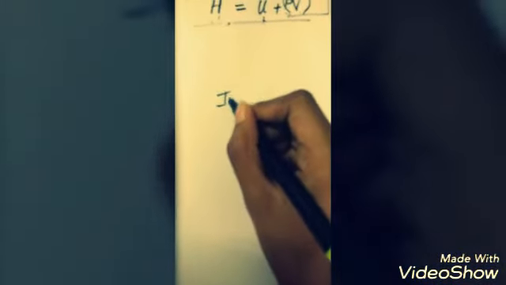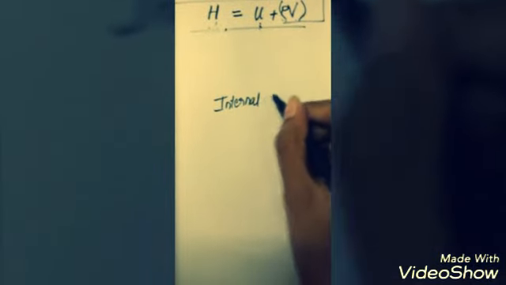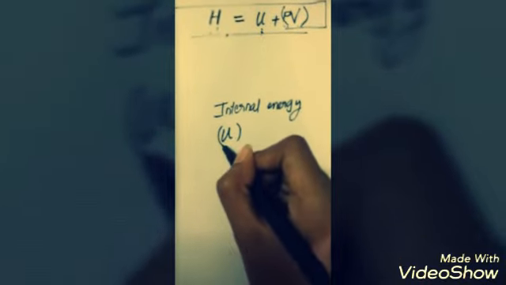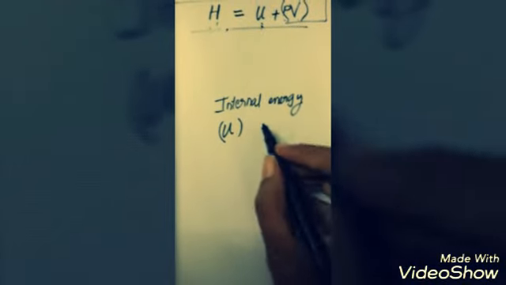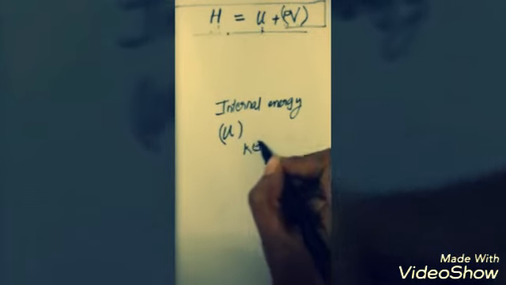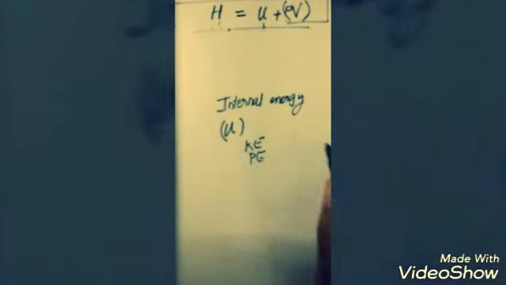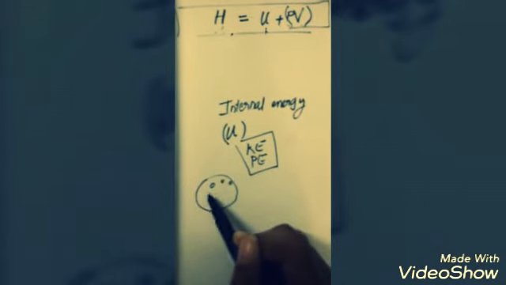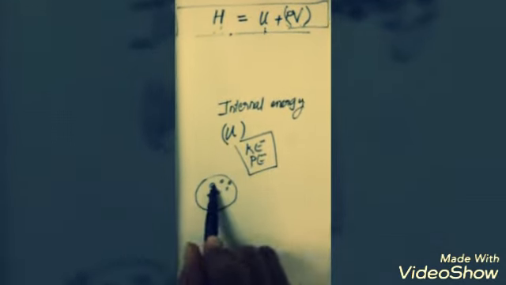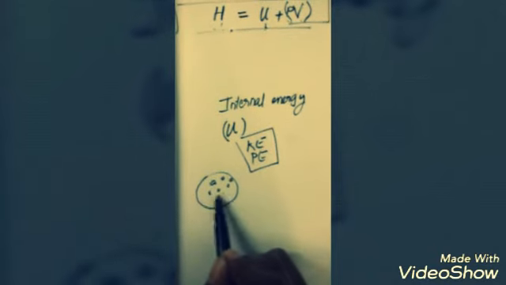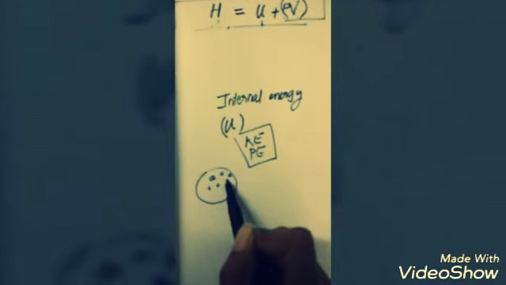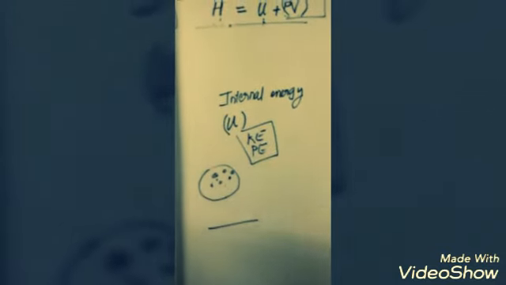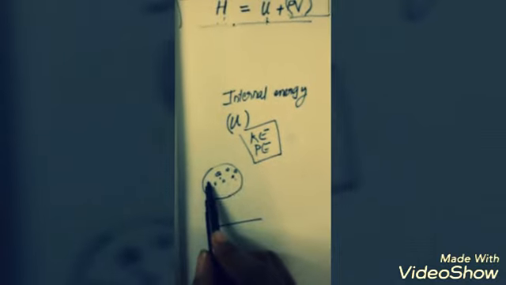What is internal energy? Internal energy is represented by the letter U. It is the sum of kinetic energy and potential energy possessed by a system. That is, if the system has a number of molecules in it, each molecule has independent kinetic energy, and if they are at a height, they have independent potential energy.